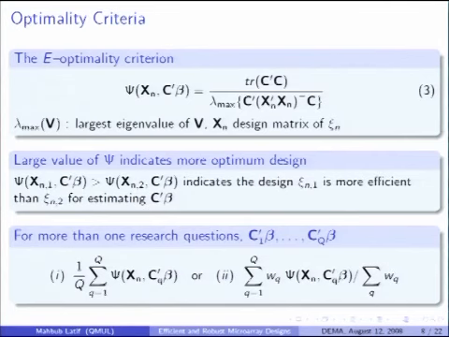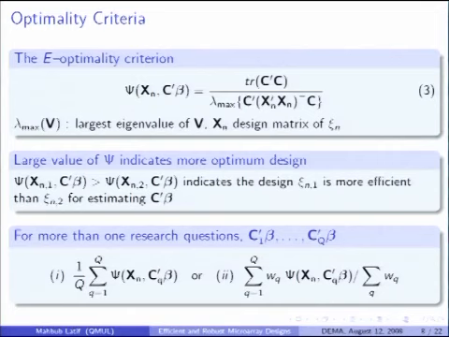This is actually taken from a published paper, Landgrave and Brunner et al., which Professor Mukherjee shows. It was published in 2006 in CSDA. So I use the same optimality criterion, and according to this definition of E optimality criterion, a large value of psi indicates a more optimum design.